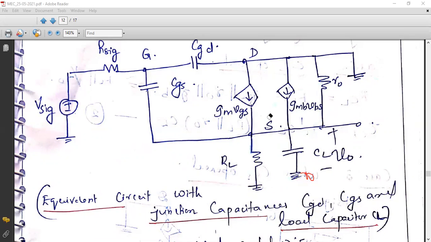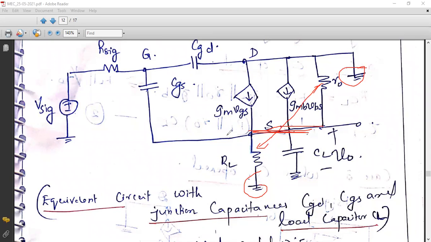Again, RL is also connected between source and ground. Since the drain is at ground, you can understand that these two terminals are common, isn't it? Therefore, I can consider these two resistances parallel to each other as they share the common terminals.